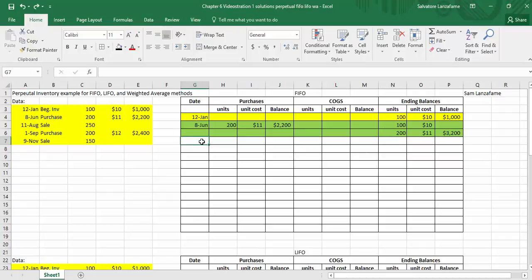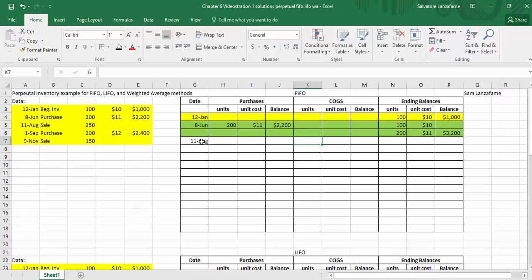You've noticed it says here August 11th, and we are going to sell 250 of them. If I look at my green ending balances, I've got 100 at 10 and 200 at 11. I want to sell the first 250 because the first ones in are the first ones out.